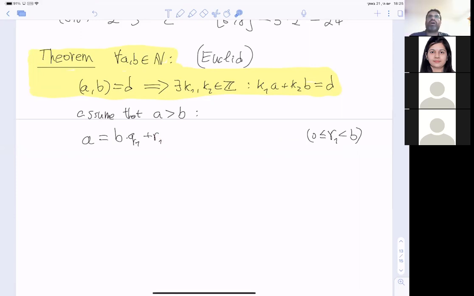This is why we call it R. For example, if we take 8 and 6, then 8 is 6 times 1 plus 2.